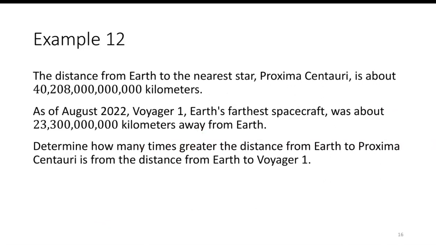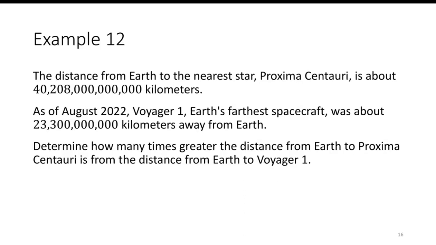The distance from Earth to the nearest star, Proxima Centauri, is about 40,208,000,000,000 kilometers. As of August 2022, Voyager 1, Earth's farthest spacecraft, was about 23,300,000,000 kilometers away from Earth. So determine how many times greater the distance from Earth to Proxima Centauri is from the distance from Earth to Voyager 1.